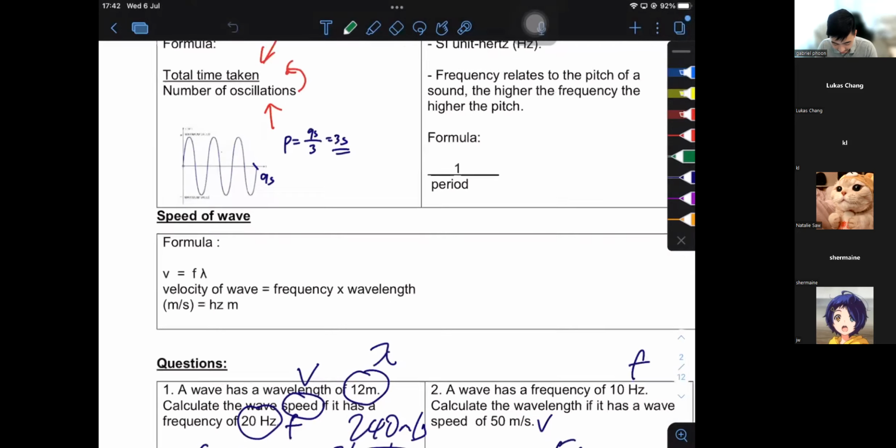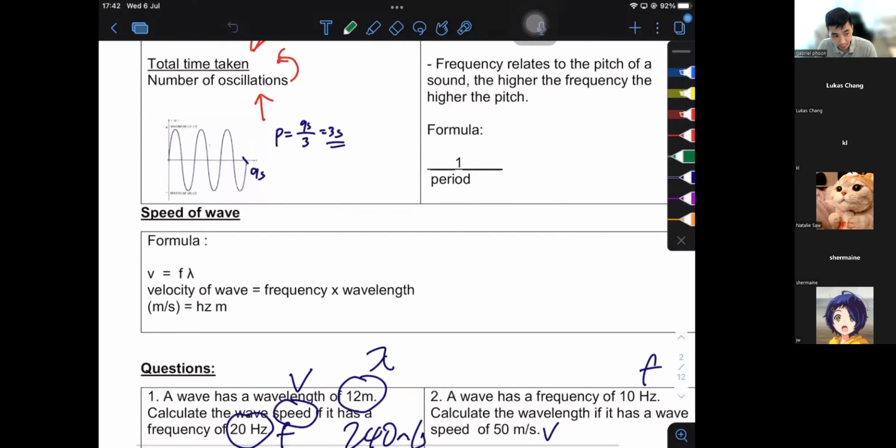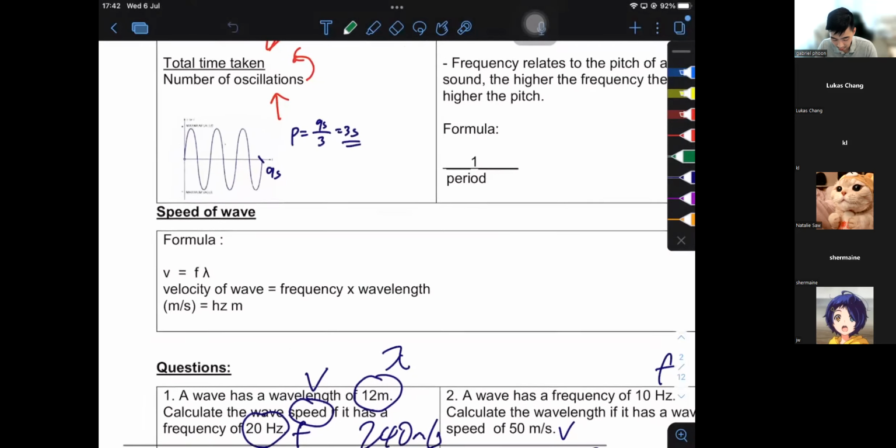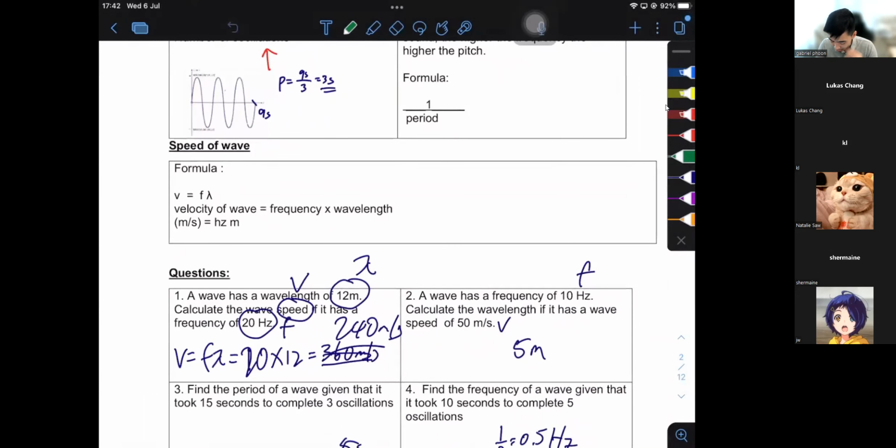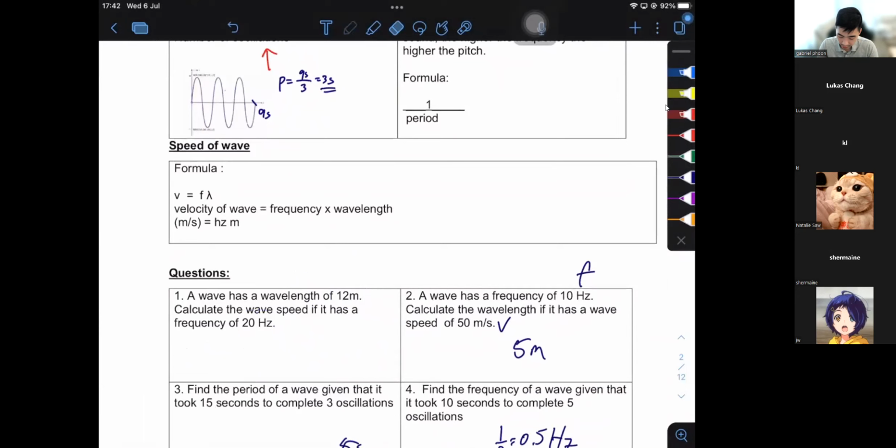If you can understand this, then copy this down. Everyone, copy this down. And then, guys, when you're done copying this and you're attempting the question below, this is how I want you to do it. I think I've said this to you before, but I'll say it again.